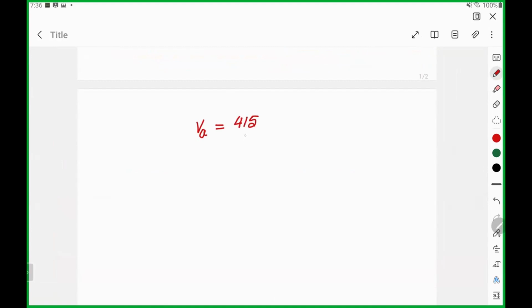This is the magnitude, and VA is produced with an angle of 0 degrees. So I can represent VA as 415 with an angle of 0 degrees.